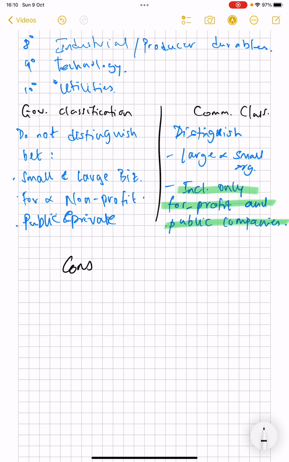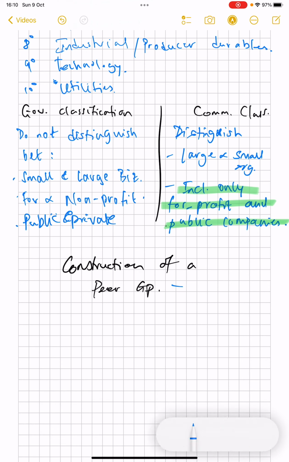Then you have the construction of a peer group. First, you need to know that it is a subjective process.